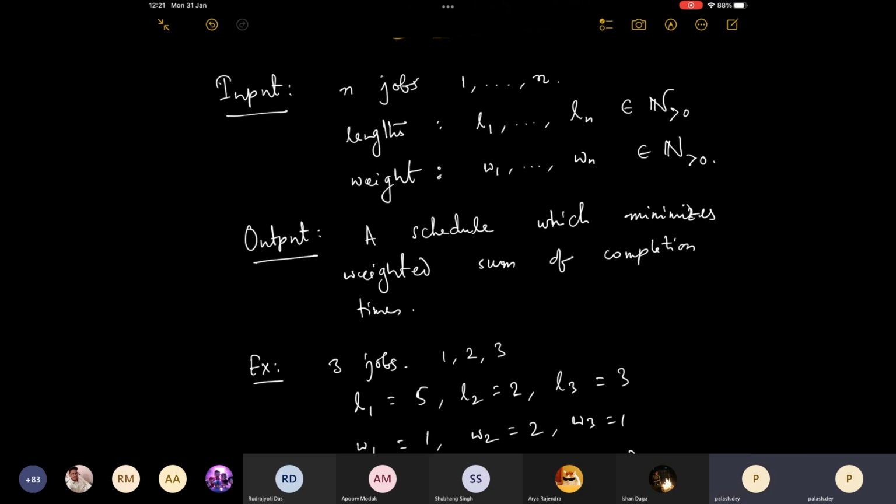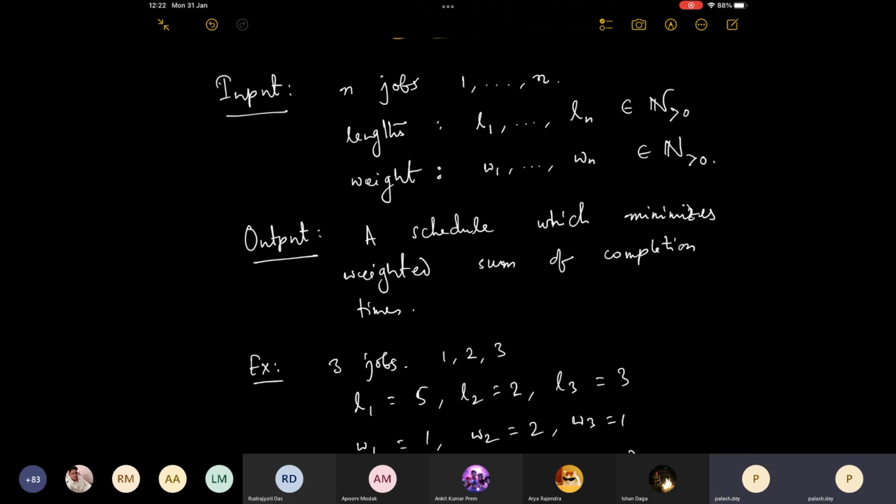Okay. Now can someone propose some greedy algorithm to solve it? The job with the largest weight should be done first. Least weight should be done at the last. Okay.